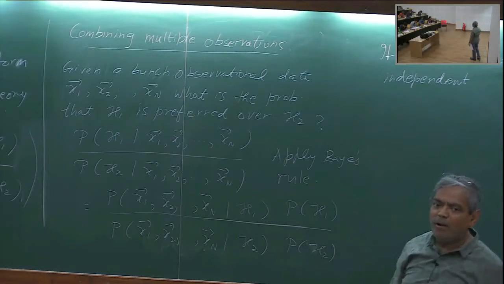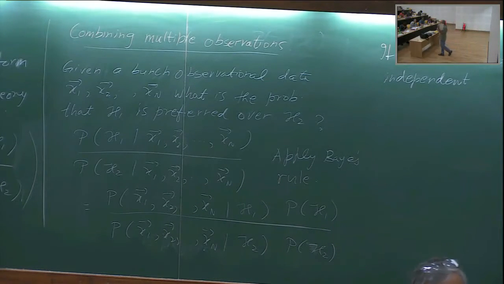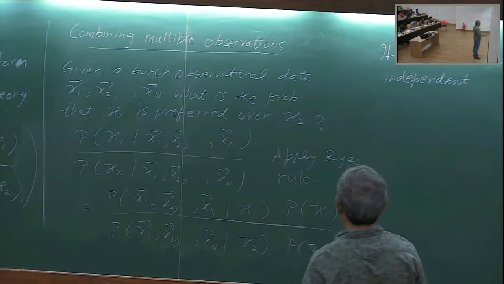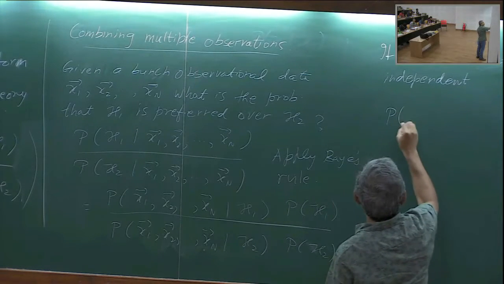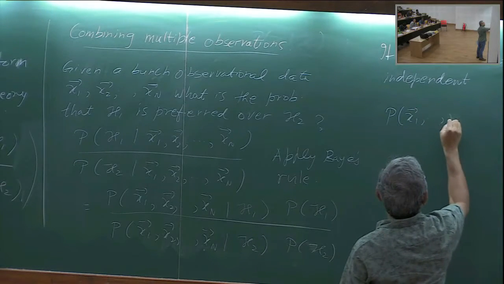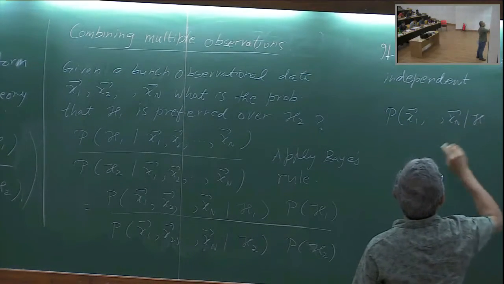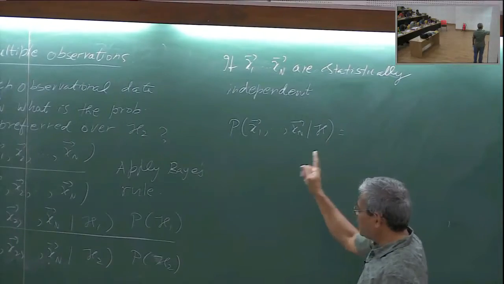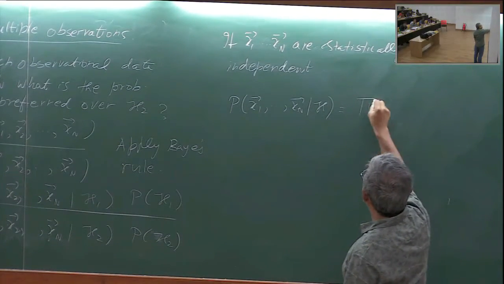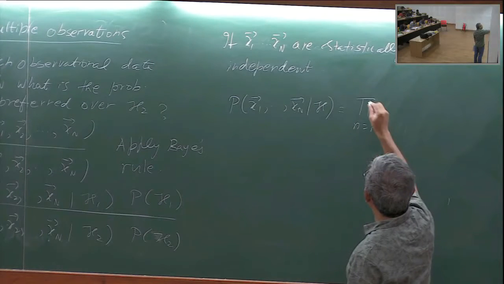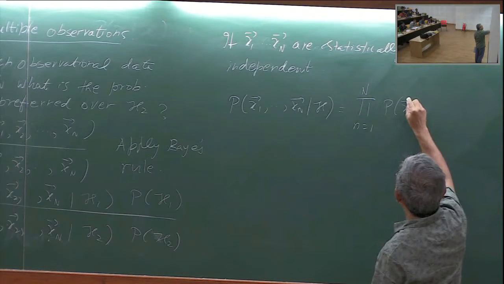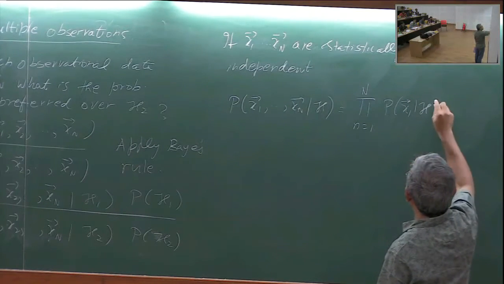then this joint probability is just the product of individual probabilities. So we can write that down quite simply: the probability of x1 to xn given h, I'll now drop the subscript, because it's true for both the hypotheses, is simply the product from n going from 1 to capital N of the probability of getting a single data vector given that the hypothesis is true.